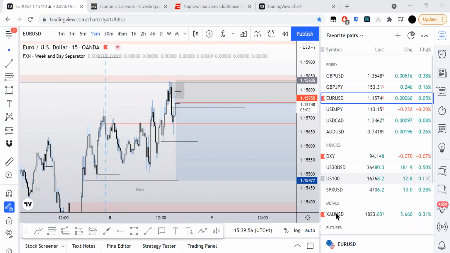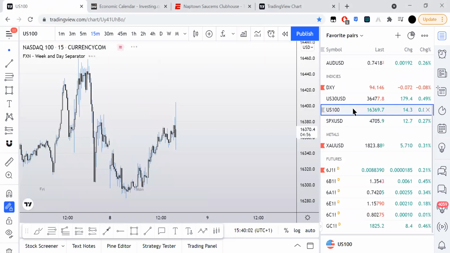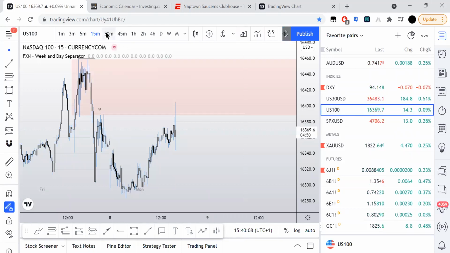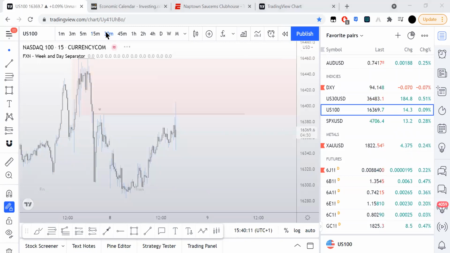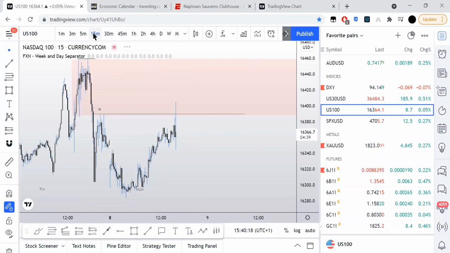Let's see what NAS is doing real quick. Ooh, look at NAS. Yeah, look at NAS. Hell yeah. You've got long EU, short. Yeah, this is what I wanted to see. Let's take this out. So nice. Yeah, CME open, that's what this is.